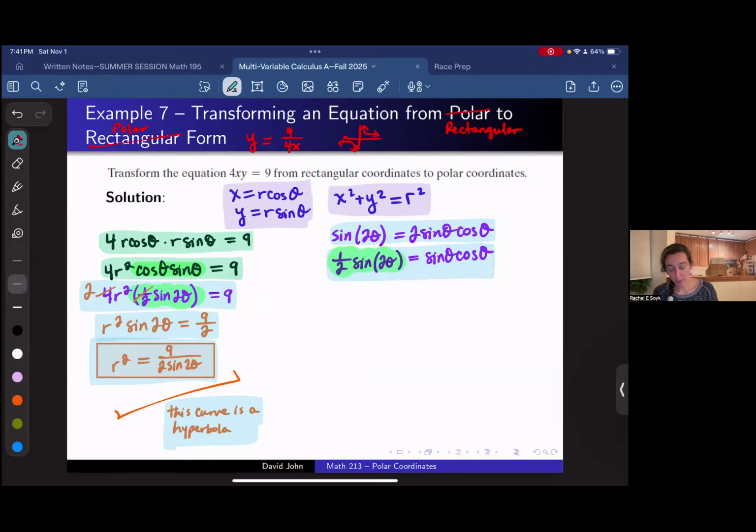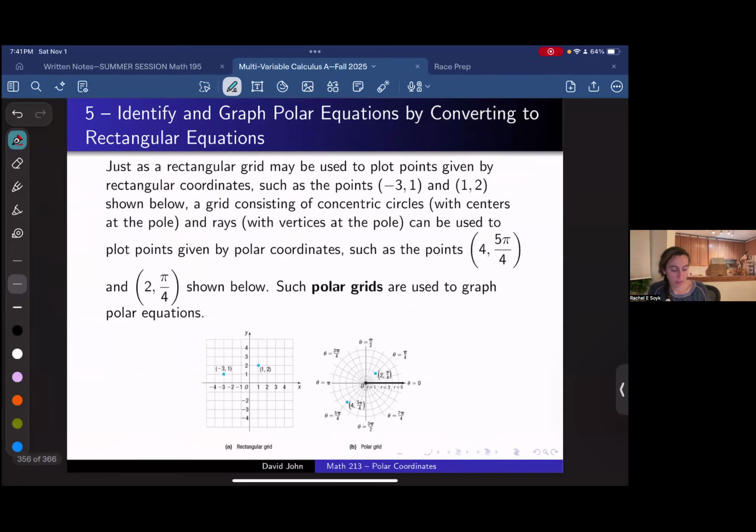So let's keep going. We have identify and graph polar equations by converting to rectangular equations.